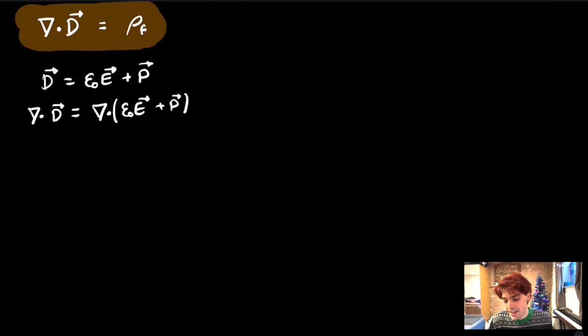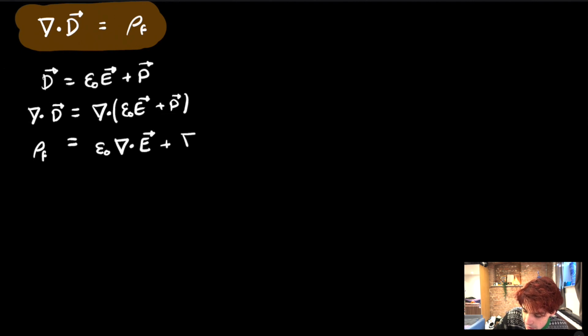So I'm going to take the divergence of both sides of the equation. And of course, divergence of D, we said, was just the free charge density within the medium. And when we apply the divergence, we're just going to apply it to each term individually. So we're going to get epsilon naught multiplied by the divergence of E plus the divergence of P right here.